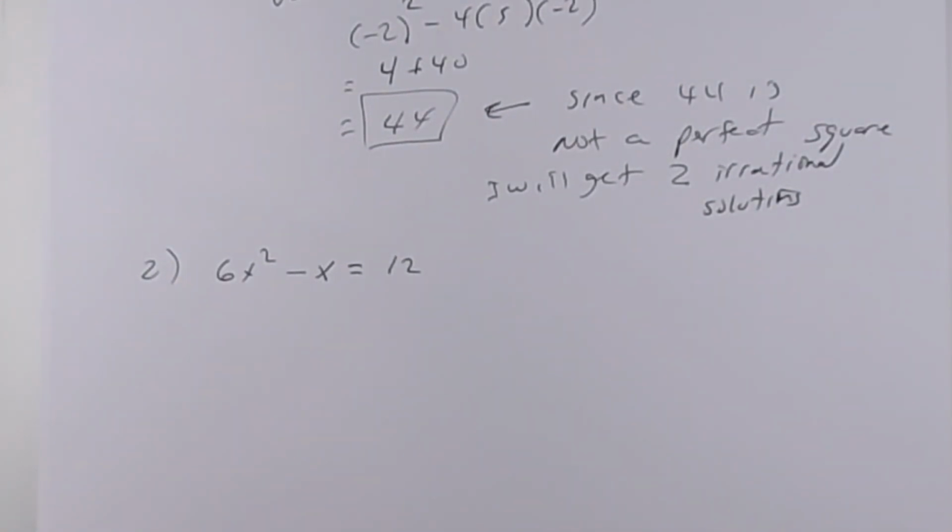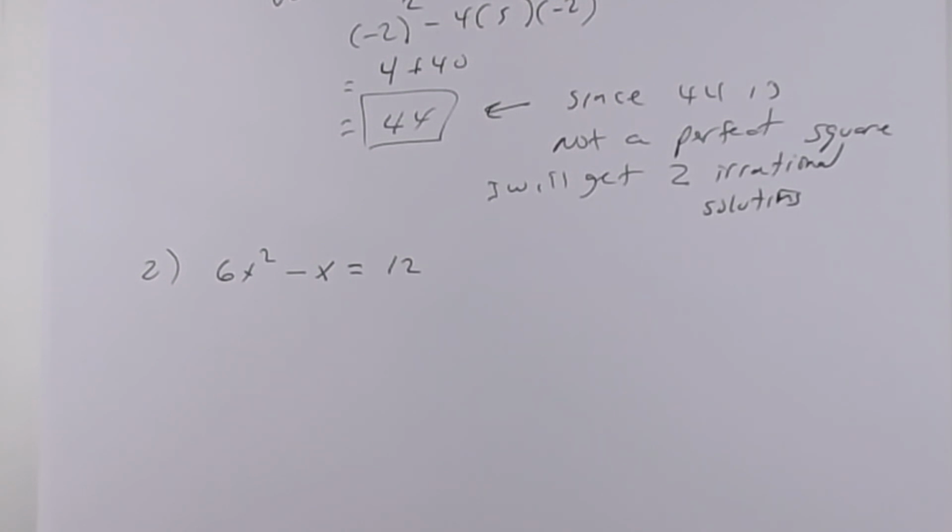So 6x squared minus x equal 12. And again, I just want to know how many solutions will I have and what kind. So what are you going to use to determine that without actually solving the equation? The discriminant. So b squared minus 4ac.